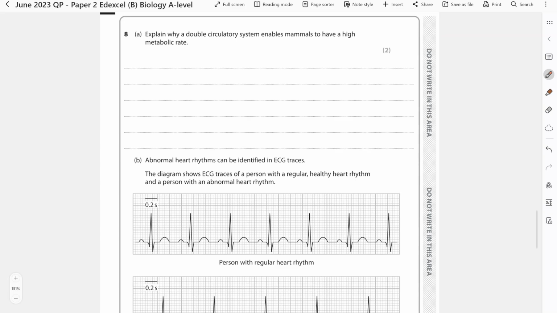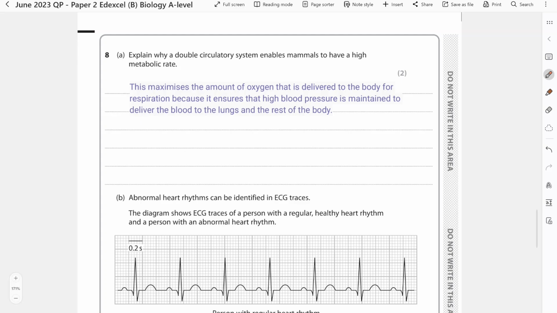Explain why a double circulatory system enables mammals to have a high metabolic rate. So the term double circulatory system just means that the blood has to go through the heart twice. For mammals, our heart pumps blood to our lungs, and then from the lungs it goes back to the heart, and then from the heart it goes to the rest of the body, and then goes back to the heart.